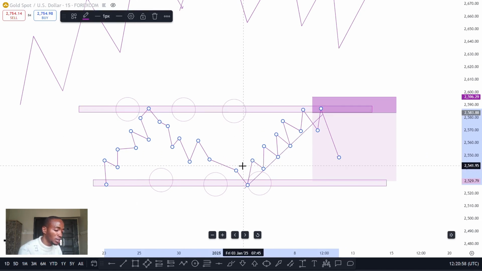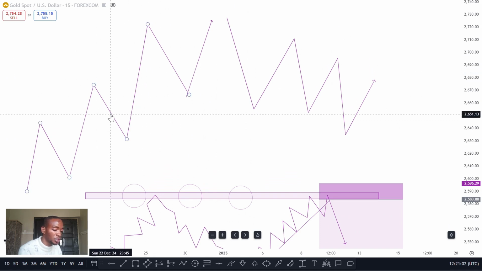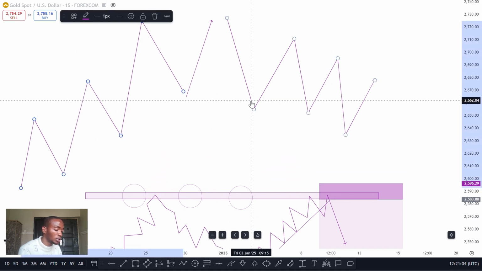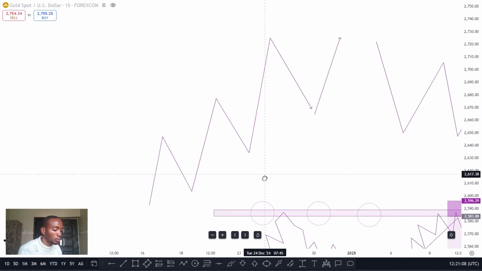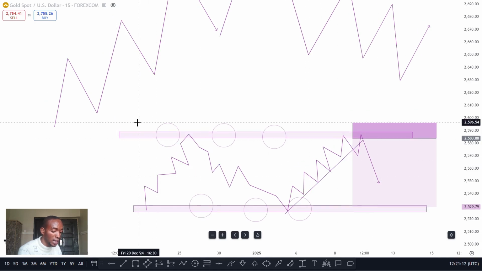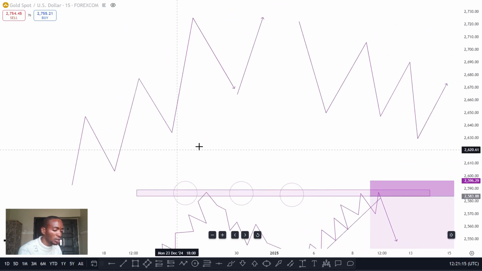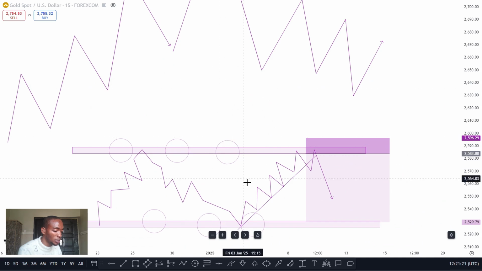So this is the ranging market, and then this is the trending market, and then the bearish market structure. The bullish market structure, like I explained, is almost just the same thing as the ranging market, but this one is moving to the upside, whereas this one is just ranging.